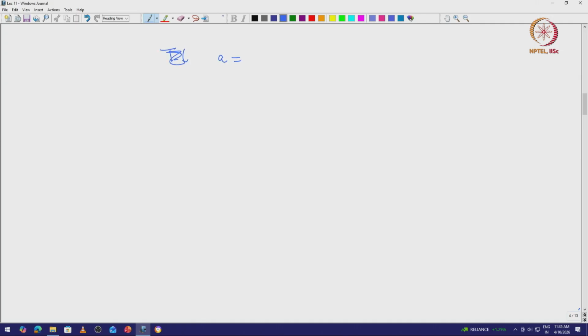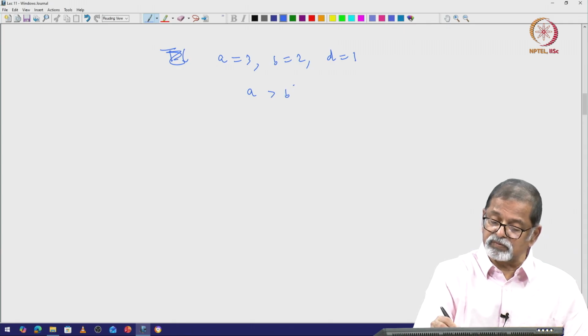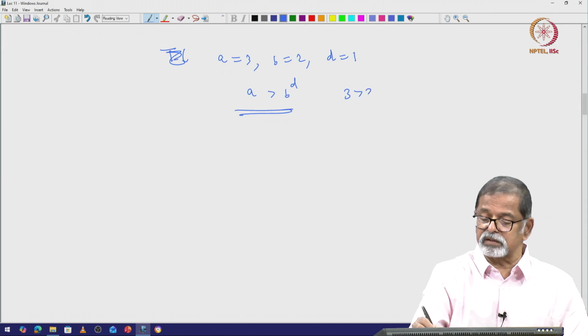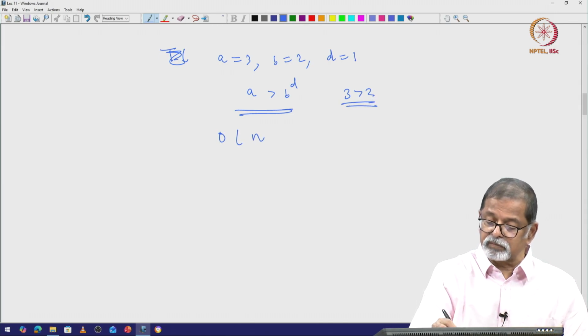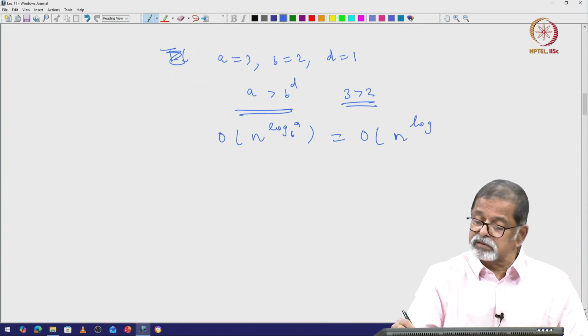So if it were 3, then A equals 3, B equals 2, D equals 1, still A is greater than B power D, that is because 3 is greater than 2. Therefore, the solution is order n power log A to the base B is nothing but order n power log 3 to the base 2.